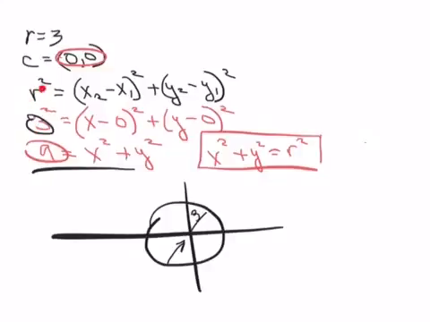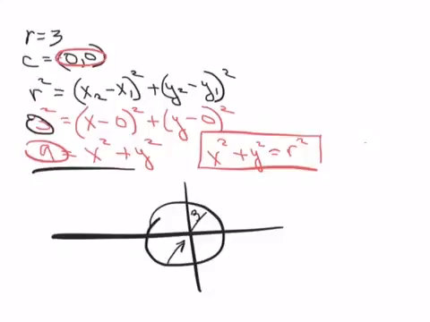So if they give us a number here, like 9, in order for us to find the radius of this circle with this equation, we have to take the square root of 9 to get it down to our 3. Okay, so the radius is always the square root of this number all by itself on this side of the equal sign. If there's not a square on it, then you have to take the square root of that, and that will give you your radius.